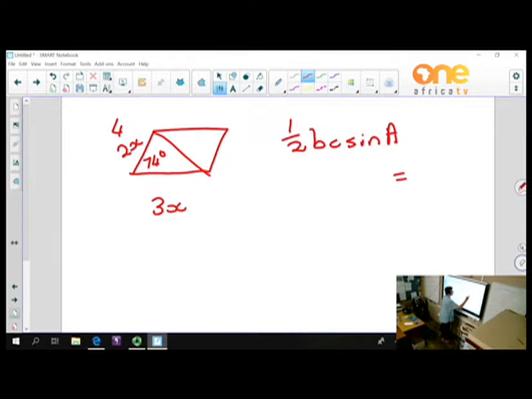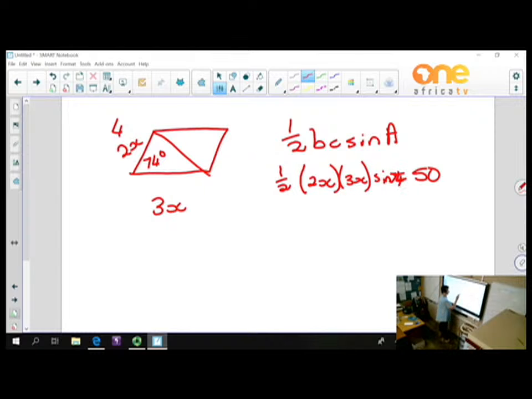So now I'm not going to equate it to 100 but to 50, because I divide it by 2. So it is then a half of 2x times 3x sine 74.